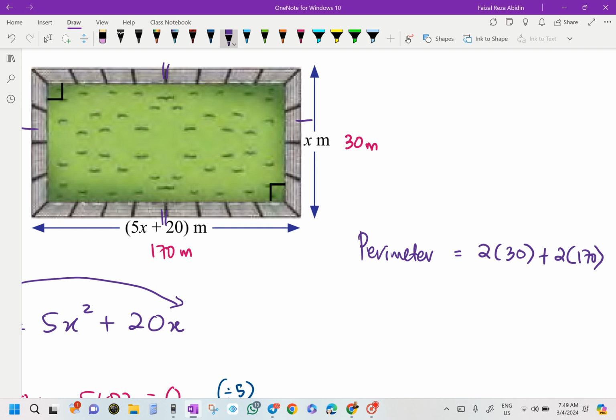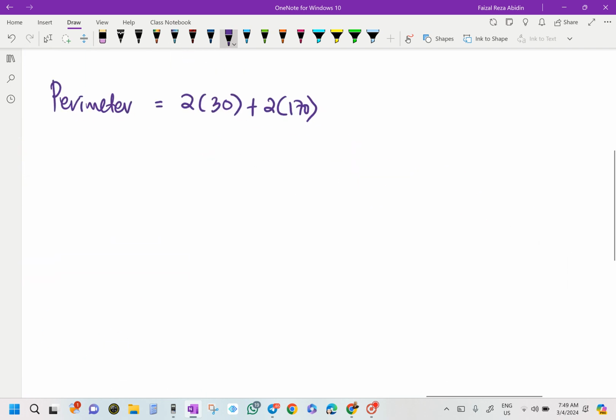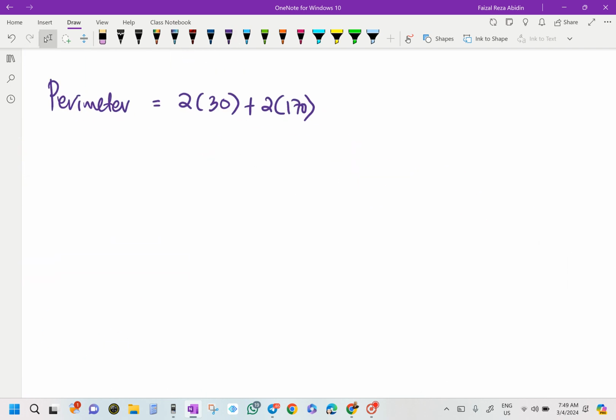If I put 30 plus 30 plus 170 plus 170, it's the same. By using your calculator, 2 times 30 is 60, plus 2 times 170, you are going to get the total here is 400 meter.